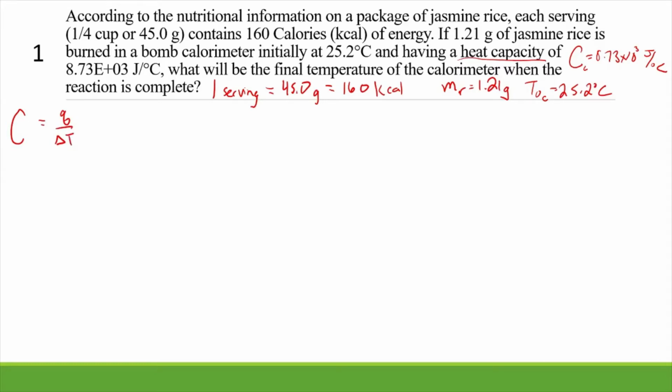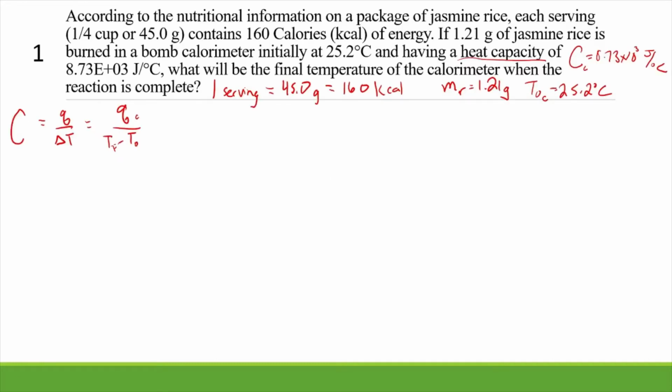So if we're looking at this for the calorimeter, that means it's equal to Q, or the heat that the calorimeter gained, divided by its final temperature minus its initial temperature. Now we need to find this Q for this calorimeter.